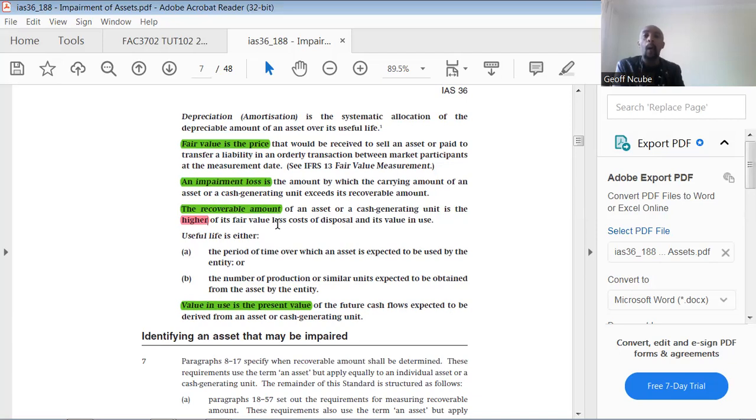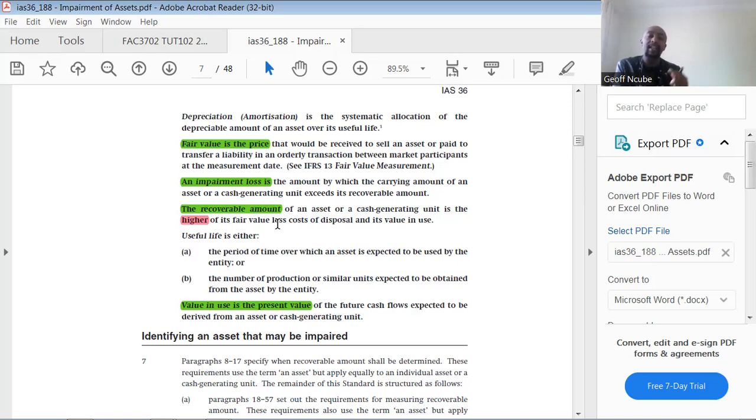All right. Or the other decision, what if I continue using that asset? Remember, if you're using something, it's going to generate cash flows for you. So you want the present value of those cash flows. Then you compare the value in use and the fair value less cost of disposal. Whichever is higher represents your recoverable amount.